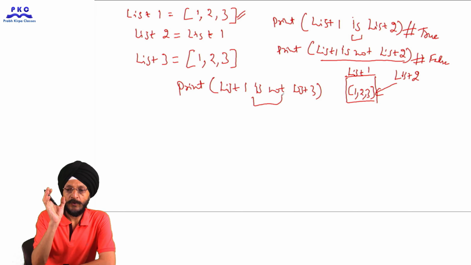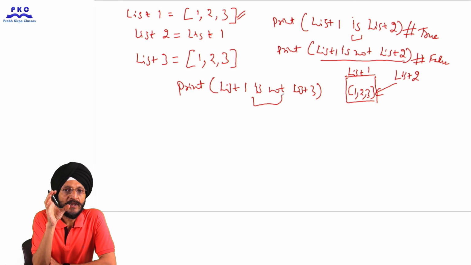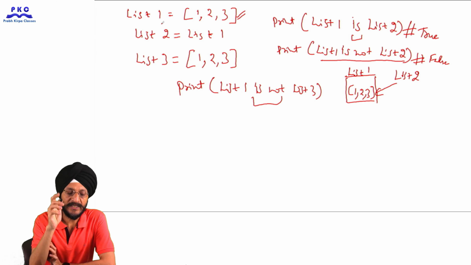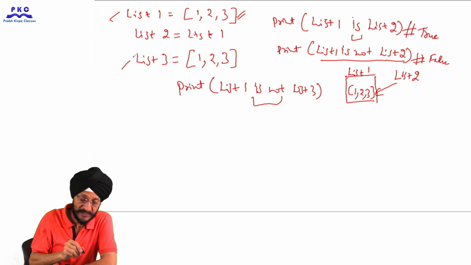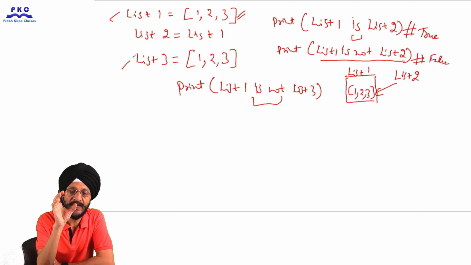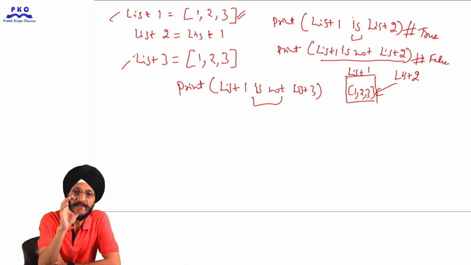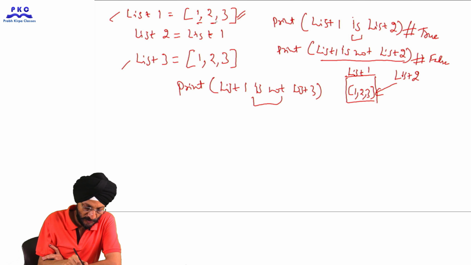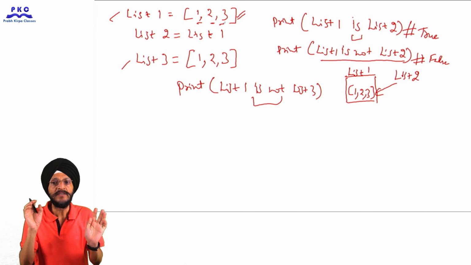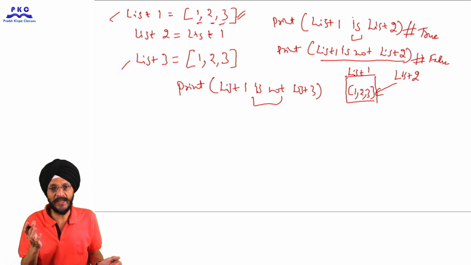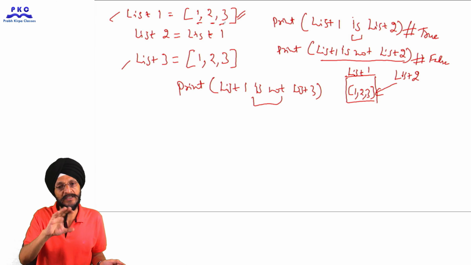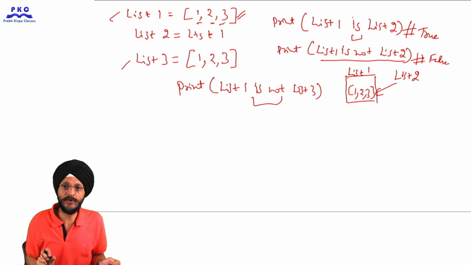On a casual approach, we will find that in case of list 1, list 2 and list 3, the object contained is the same. That is, both contain the information 1, 2, 3, in square brackets. So we can say that list 1 and list 3 are the same. But it is not true.